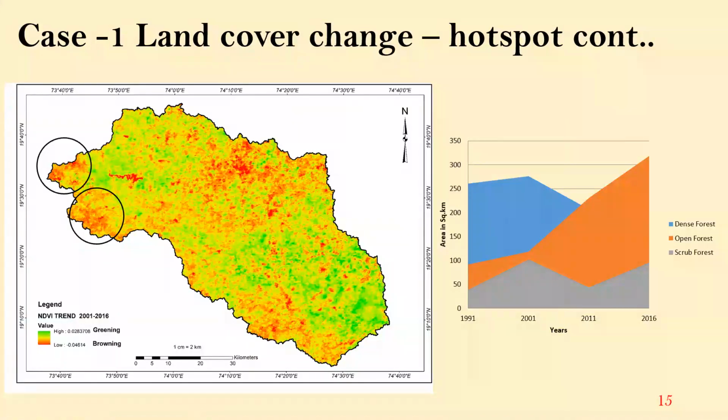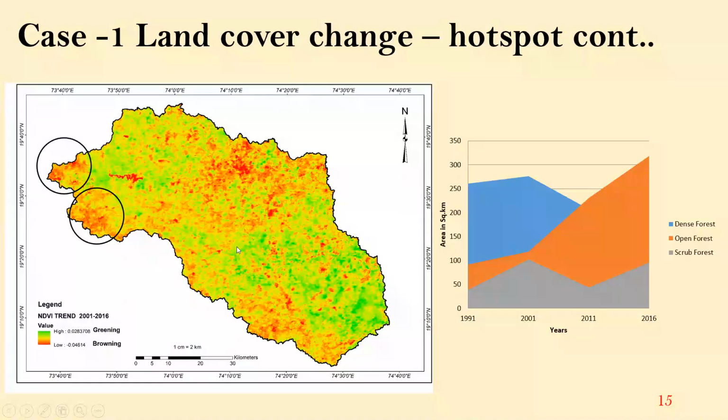Greening here is significant growth in vegetation, the healthy vegetation, and browning is the degradation in vegetation. As you can see in the forest region, a lot of degradation happened over the 15 years.